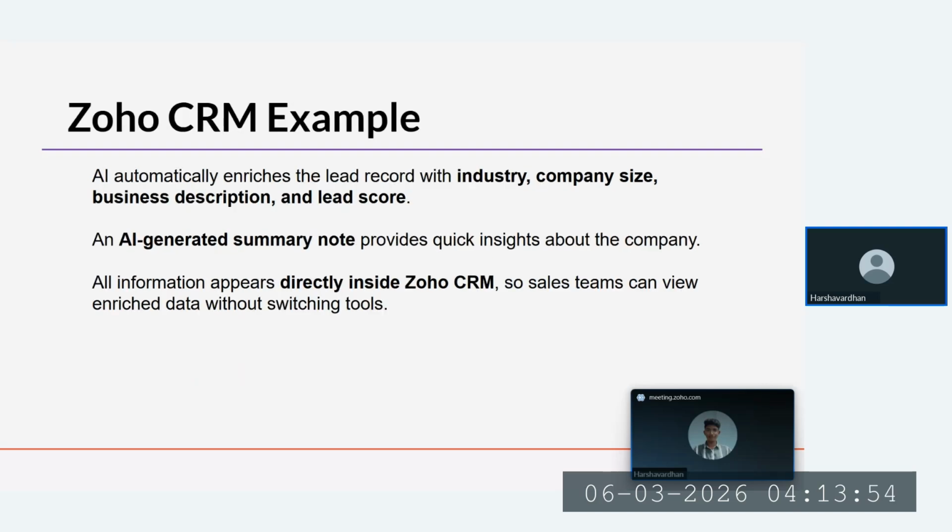The Zoho CRM example we have in the slide is AI automatically enriching the lead score with industry and company. As I told, in the process of lead enrichment, after lead scoring, adding the fields and adding the notes to the lead record, it also searches for the missing data.